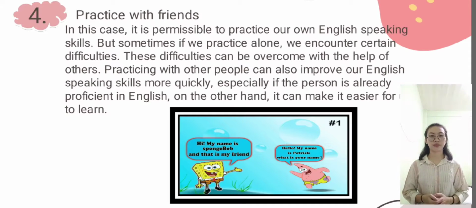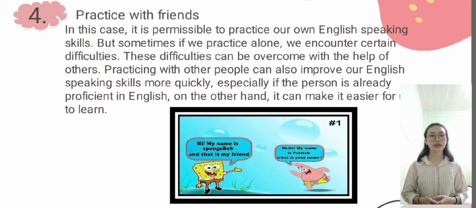Number 4, practice with friends. In this case, sometimes if we practice speaking English alone, we encounter certain difficulties. For example, when we want to practice our body language, or when we want to correct a mistake that we don't know.